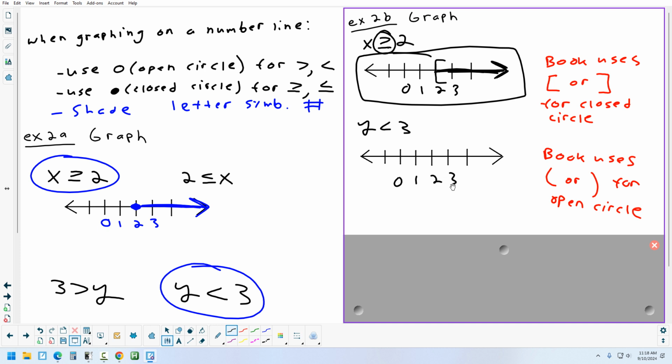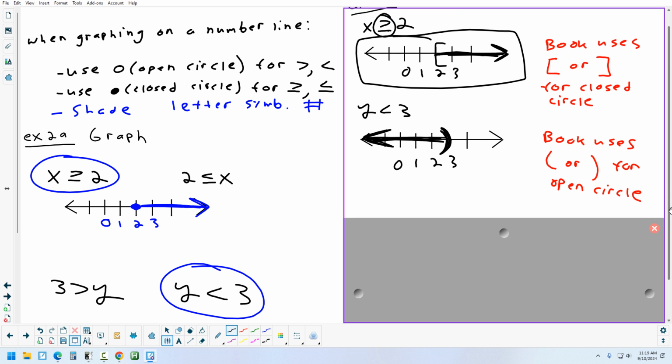Use your parenthesis, look at which way you're going to shade, put your parenthesis on the number, and then shade, in this case, to the left. That might be new for some people, never seen those symbols before, but it's the same thing. Any questions on that?